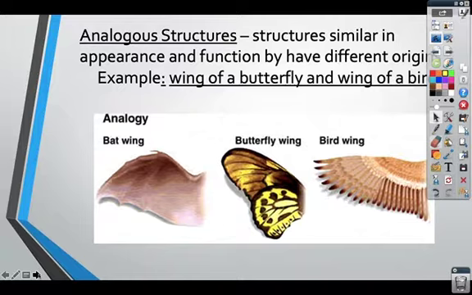So the bat wing evolved from an ancestral mammal, the butterfly wing from an ancestral insect, which is an invertebrate, and then the bird wing from an ancestral bird or possibly even dinosaurs. There are some dinosaurs that were feathered, more like the velociraptors, not pterodactyls. Okay, so again, analogous structures, they look alike, they do the same thing, but they have different ancestral origins.